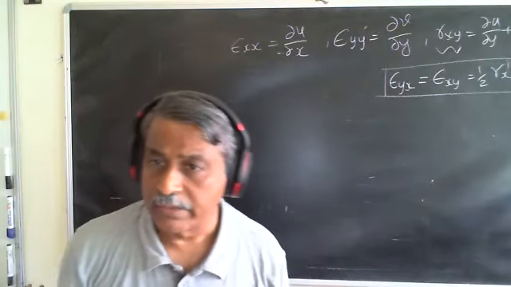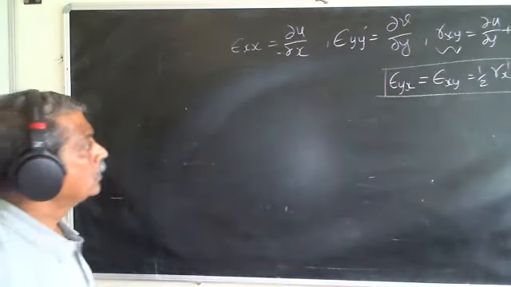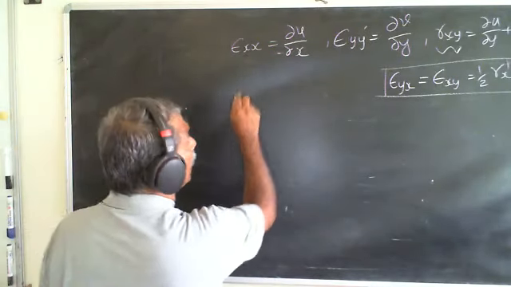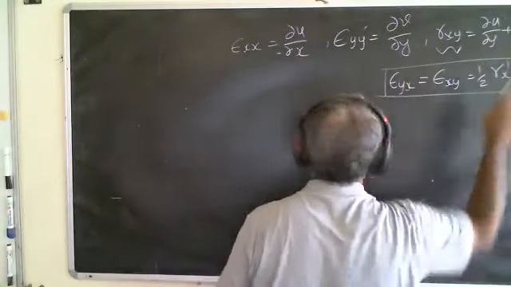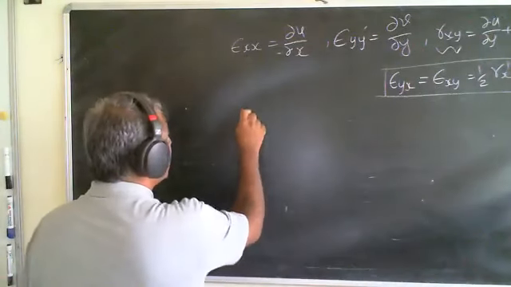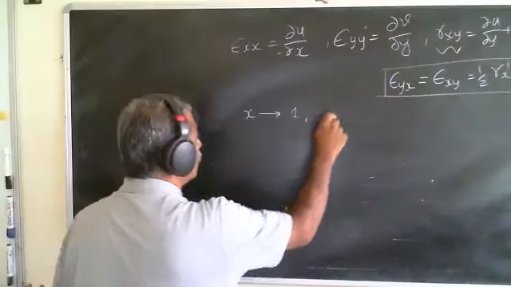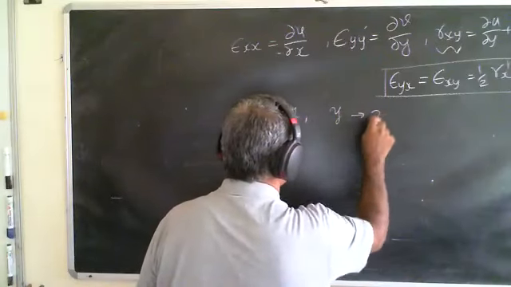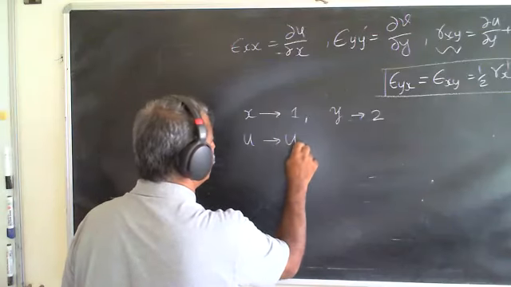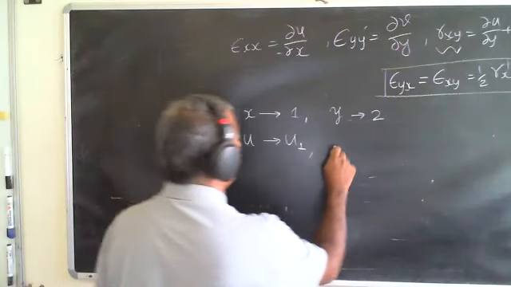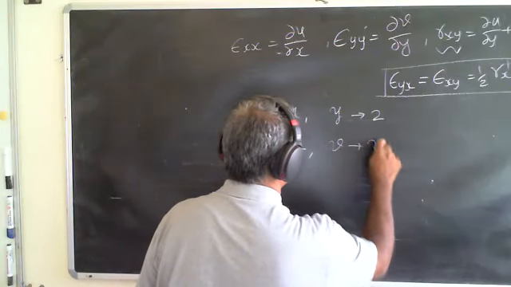In the last class, we discussed this also, right? So I have now dou u by dou x, dou v by dou y, and this. Let's take x to be x1, y to be x2, u to be u1, and v to be u2.